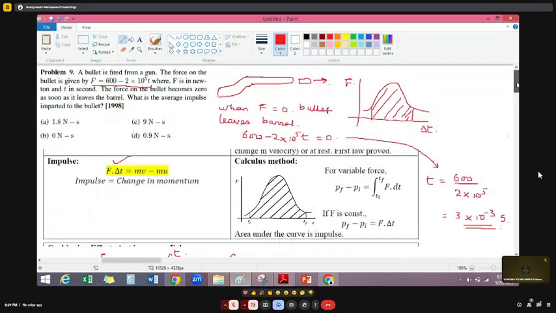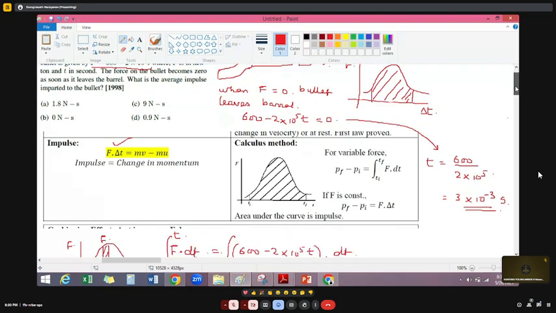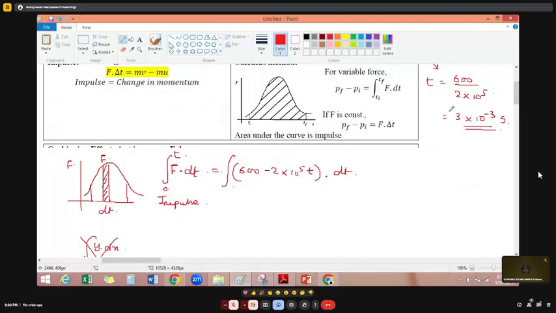Okay. So this is an important trick. They said only when you equate the force to 0, right, you will get the time. So that means you have to integrate it from t is equal to 0 to t is equal to 3 milliseconds.